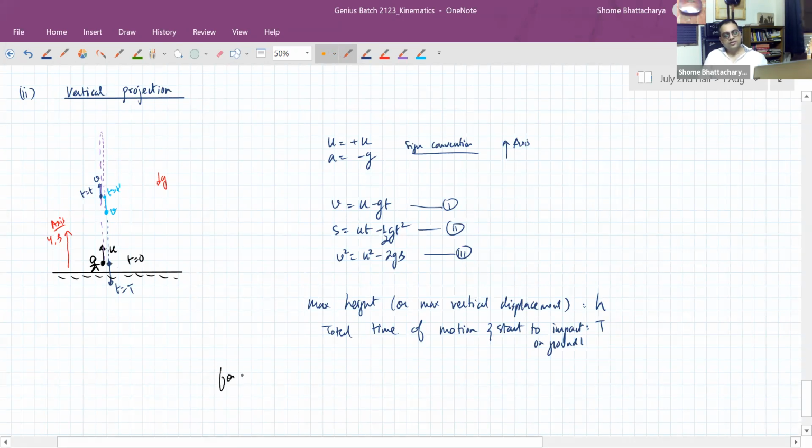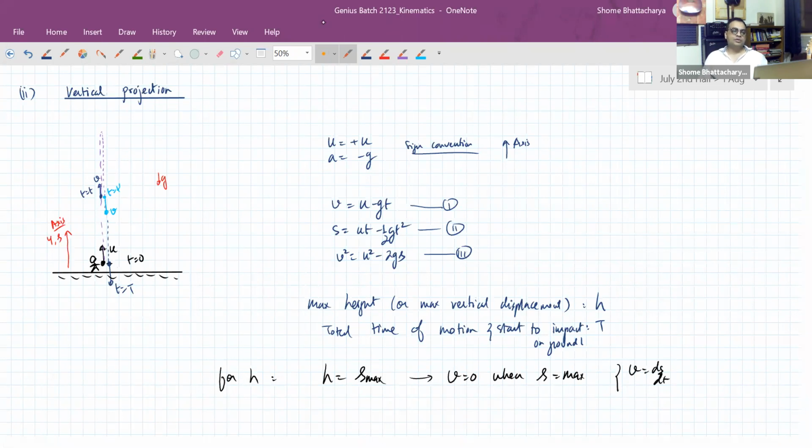So these two things we need to calculate, and these two come as direct formulae from the above three equations. For h, use the fact that h is equal to maximum displacement. So v is equal to 0 when s is at its maximum value, because v is ds by dt. Okay, so that local maxima minima thing: when it reaches the topmost point, momentarily its velocity will be 0 and its displacement would have become the maximum value, the height h.